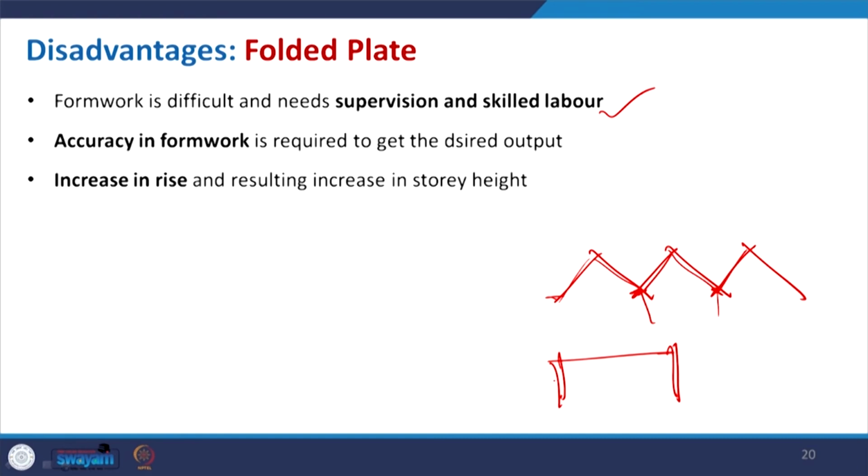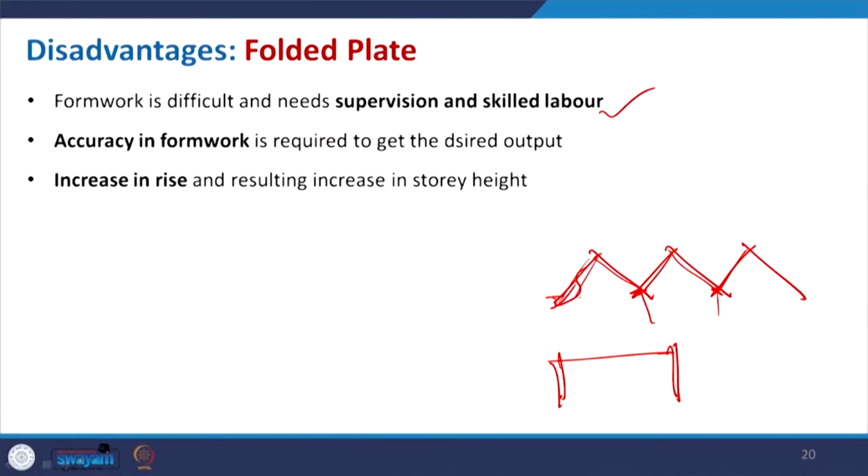Then accuracy in form work or shuttering, as I mentioned, is very much required, because the way you make the shuttering, the final outcome will be the same if we use concrete, because concrete will take the shape of the shuttering, the form work you give. If there is some undulation, the concrete will take the same thing. So, we will not get a very nice view from the inside, but more than that, it may lead to the collapse of your entire structure, which is also true.